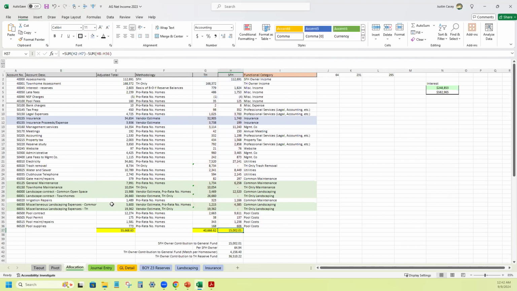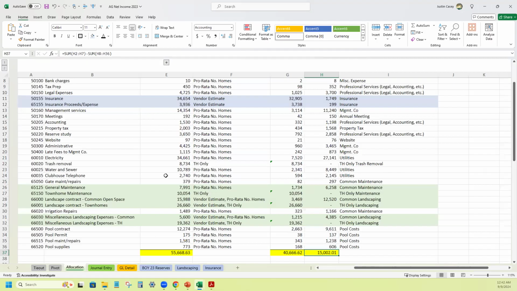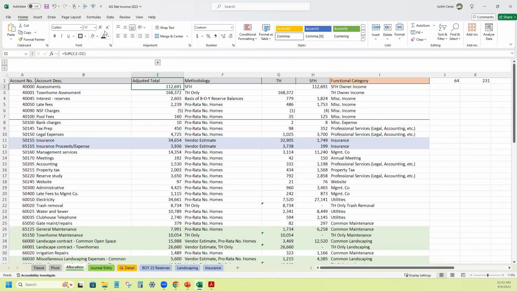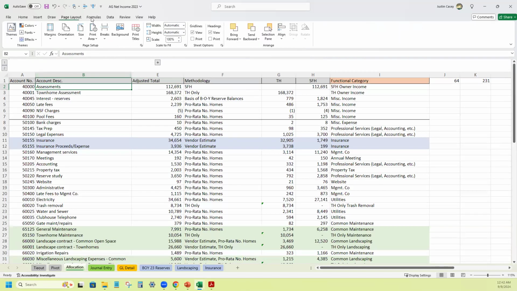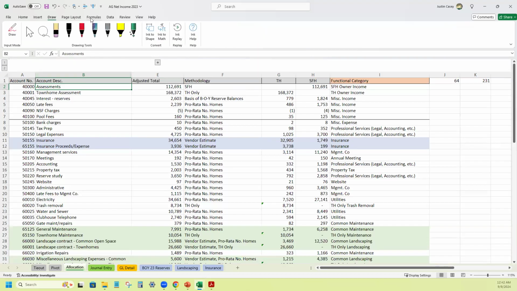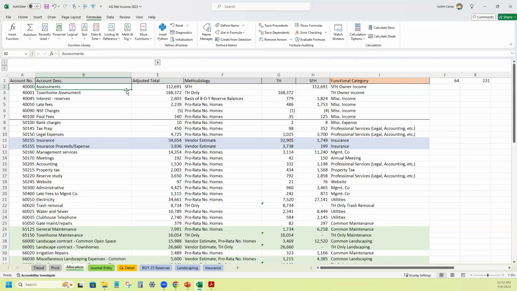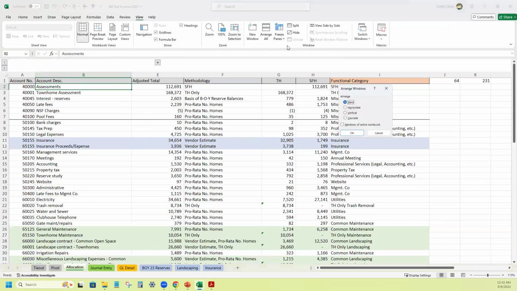Okay, and pay attention to this next part. I don't want to lose you. So I'll even do a freeze panes so you can see where I'm going with this. I don't want the column headers to not be visible. View, freeze panes.